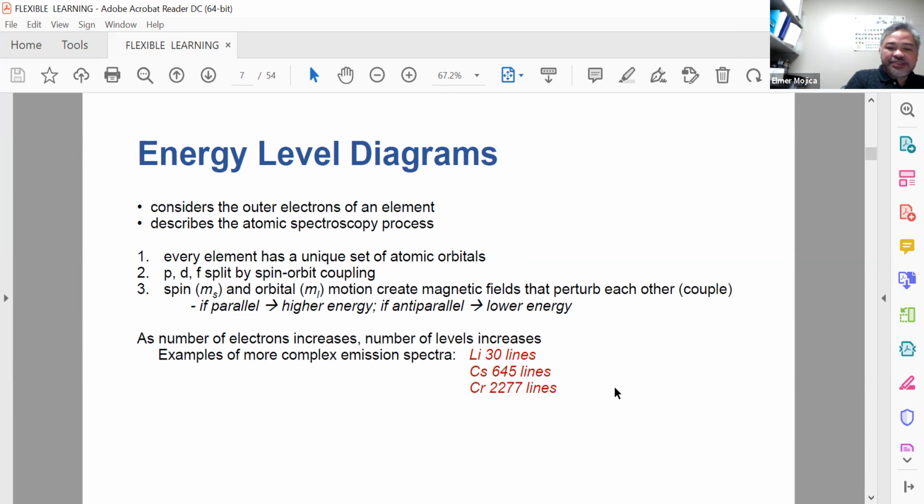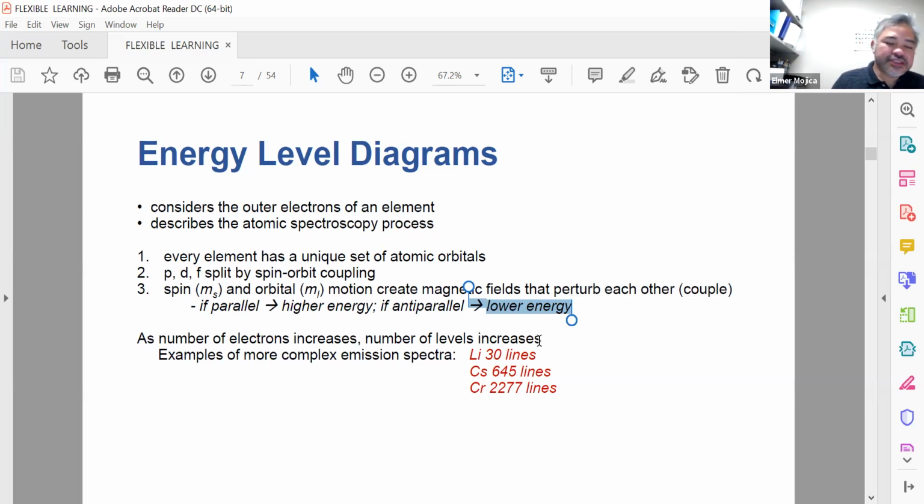You can look at the spin quantum number and the orbital motion. It creates a magnetic field that perturbs each other, or couples. If parallel, you're going to have higher energy. If anti-parallel, you're going to have lower energy.